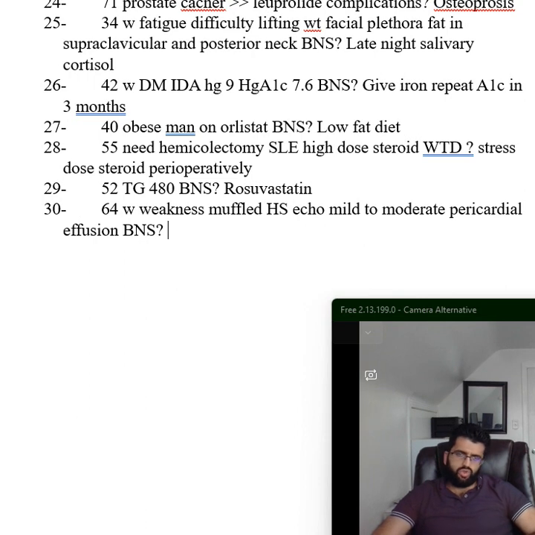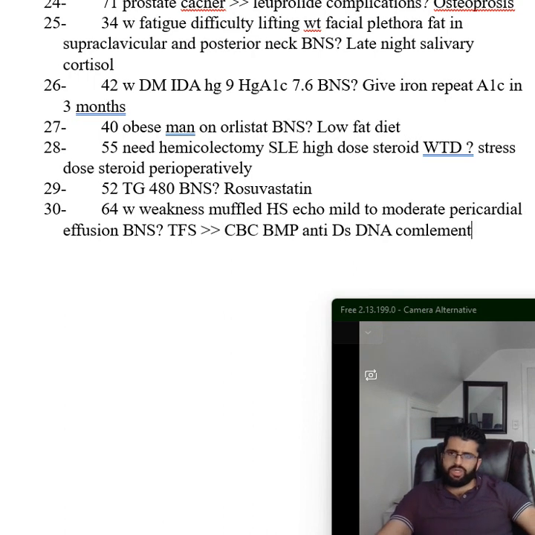They give you CBC, BMP, and one of the tests is a thyroid function test, because hypothyroidism can cause moderate pericardial effusion. Other tests you can do are anti-double stranded DNA and complement levels.